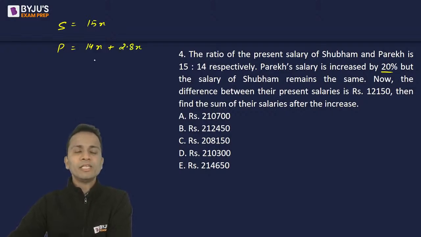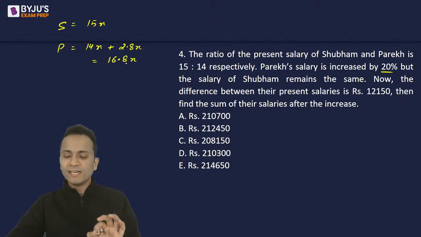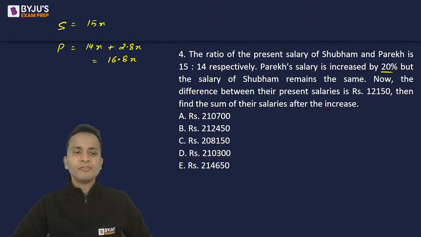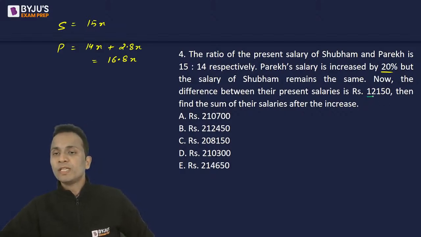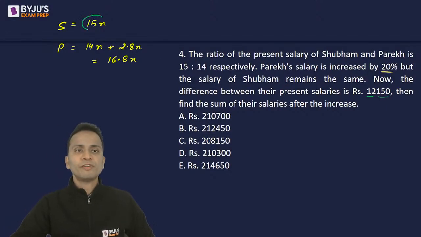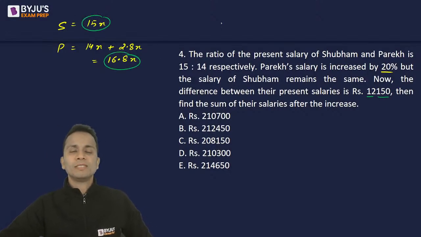So this value increased by 2.8x and it became 16.8x. I increased it by 20%, okay? Right? Now the difference between their salaries is 12,150. So the difference between these two numbers, that is 15x and 16.8x.